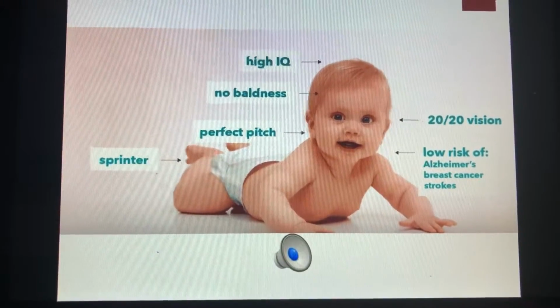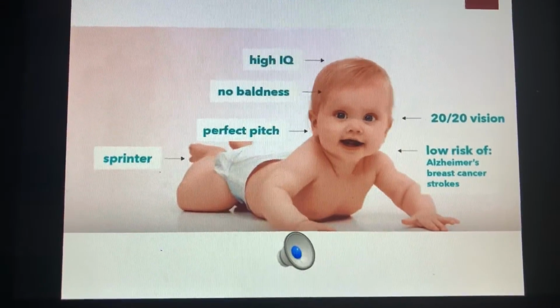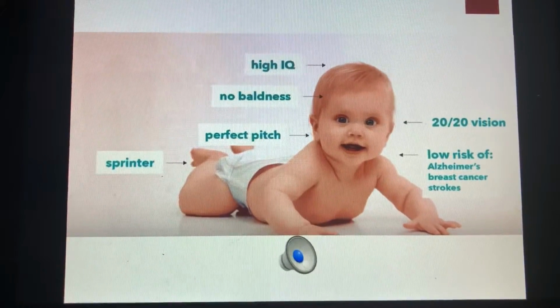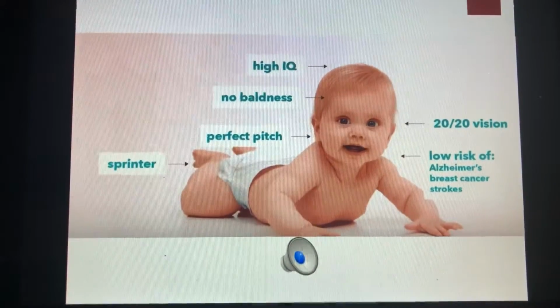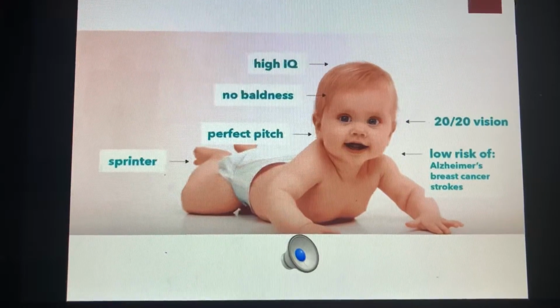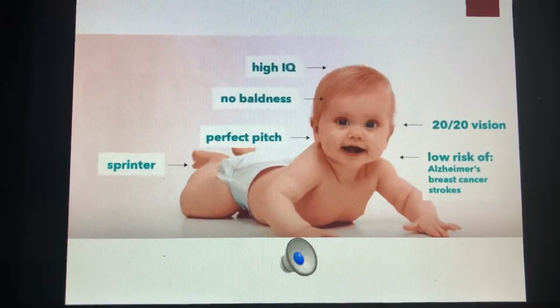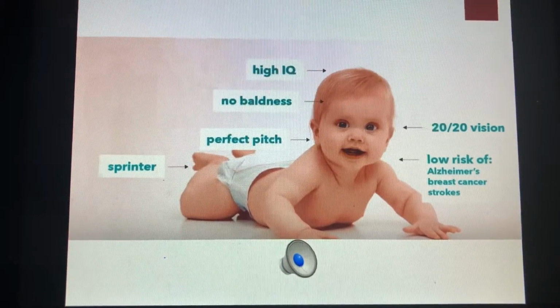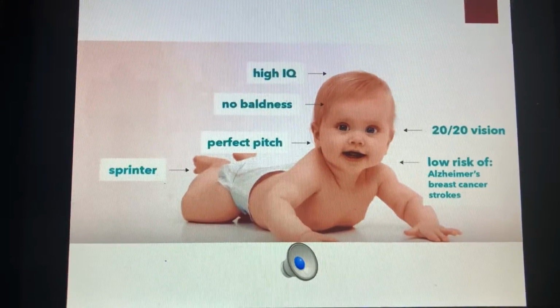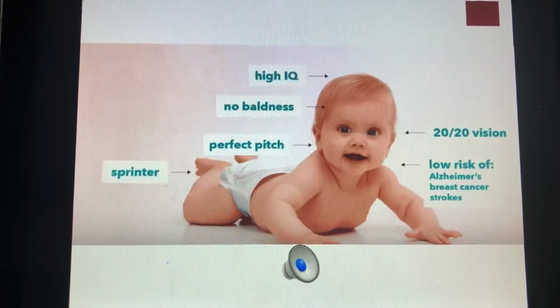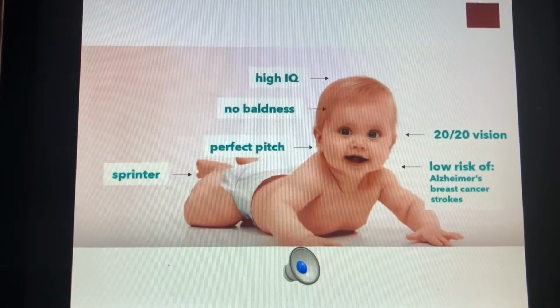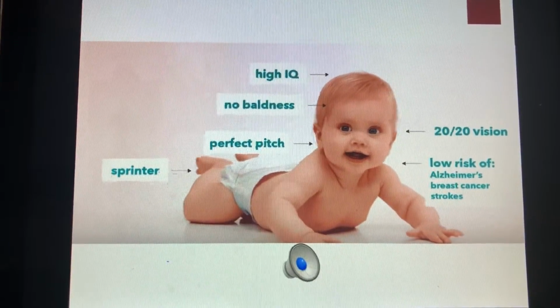I certainly do not think our world is ready for this type of innovation, just because there are so many safety risks. There are so many risks of who would be able to choose this. What right do parents actually have to choose their babies? And not only their babies, these traits would be passed down from generation to generation.